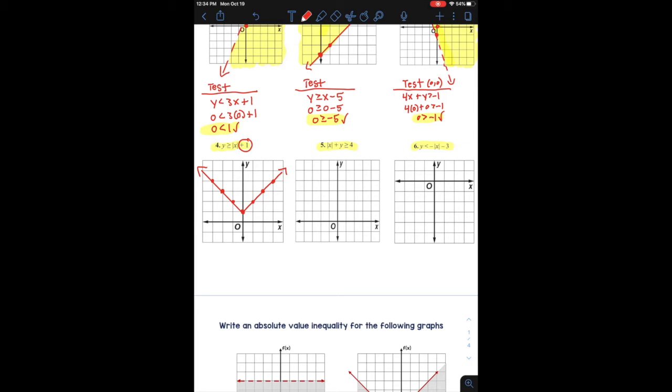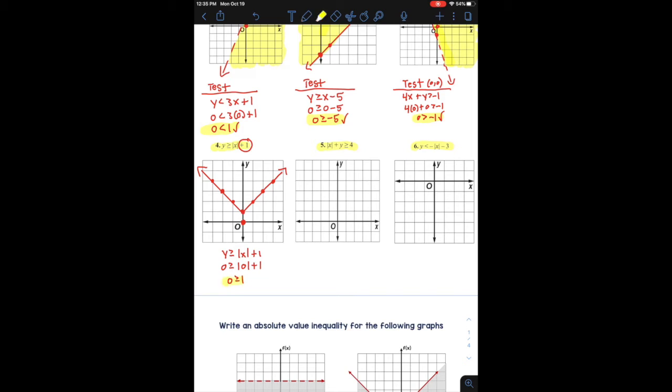Let's test where the other solutions are. Again, we could test 0, 0 by plugging into our original inequality, y is greater than or equal to the absolute value of x plus 1. If I substitute 0, 0 in, we'd have 0 is greater than or equal to the absolute value of 0 plus 1, or 0 is greater than or equal to 1.